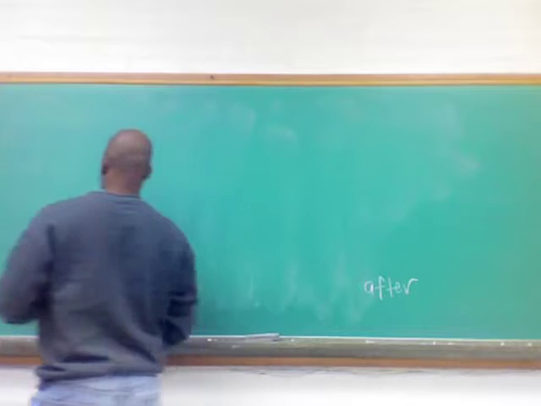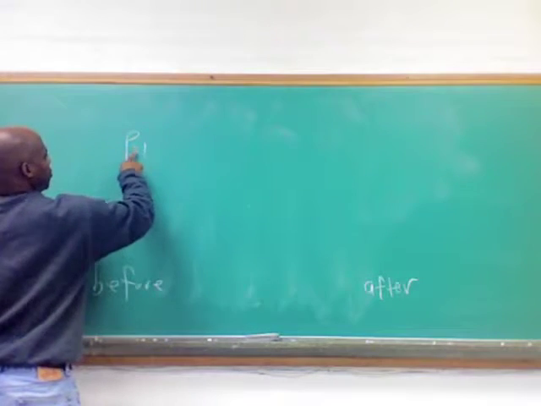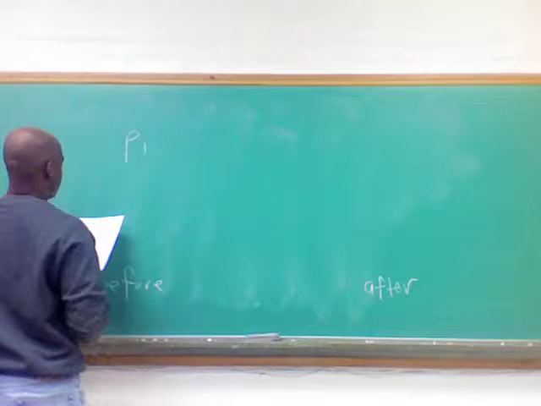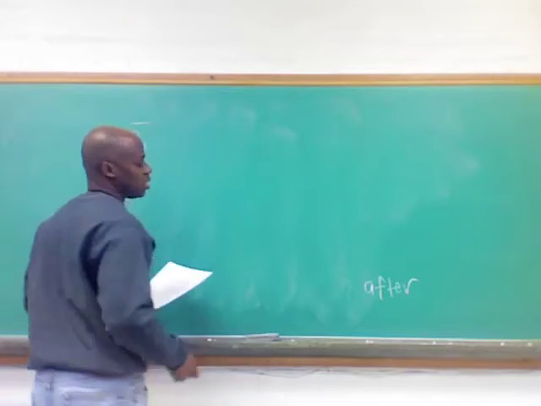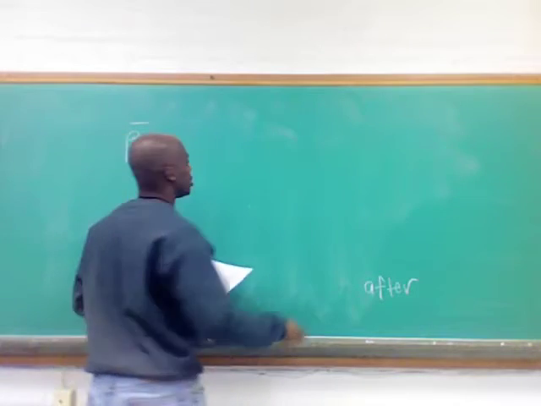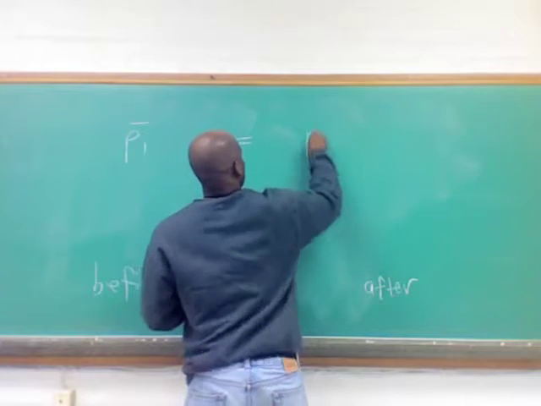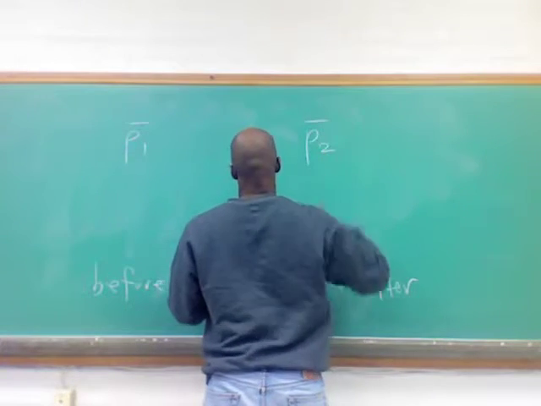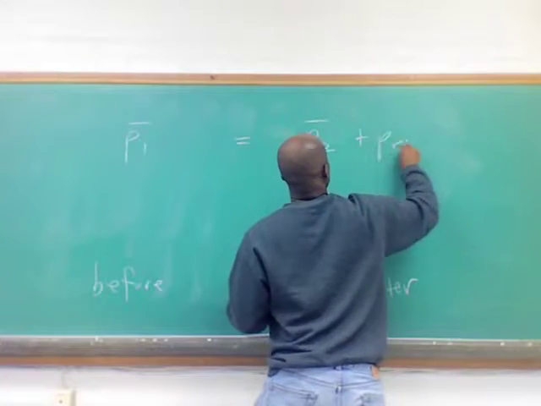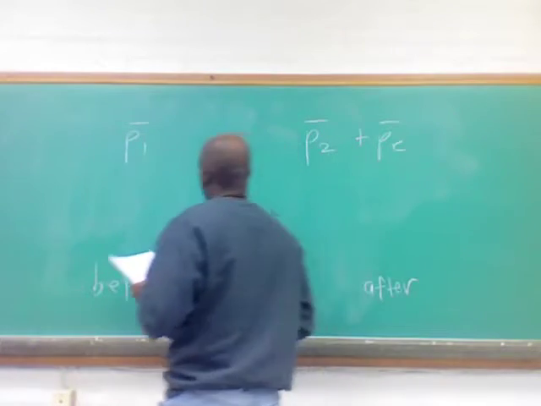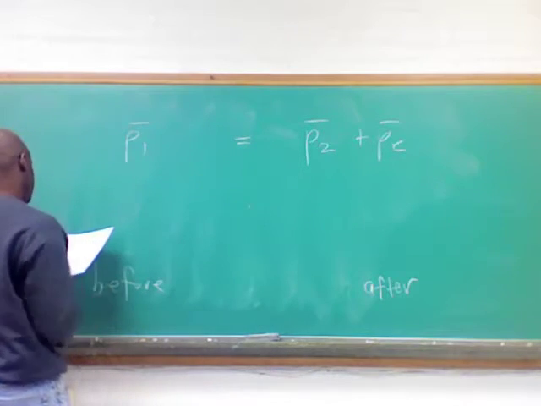Before the collision, the momentum of the initial photon is just P1. Since the electron isn't moving, there's no momentum. Afterwards we've got the momentum of the scattered photon, and the momentum of that electron. So before, after, momentum conservation.